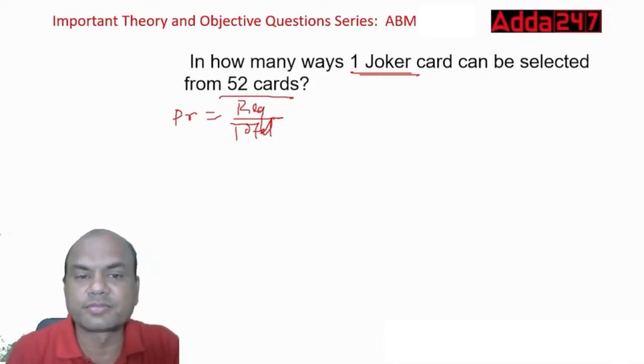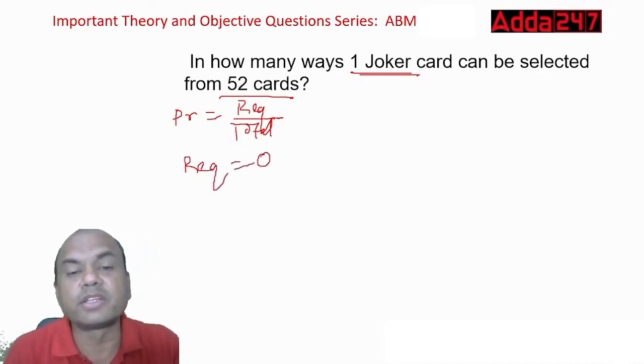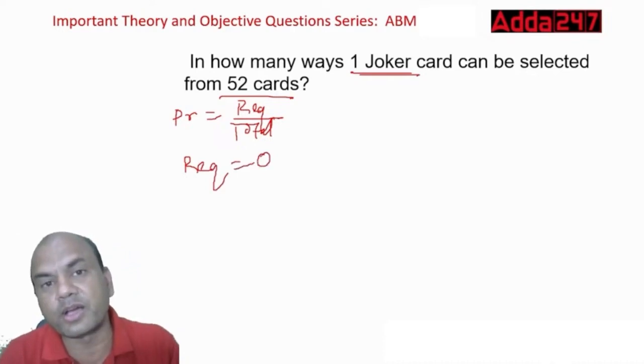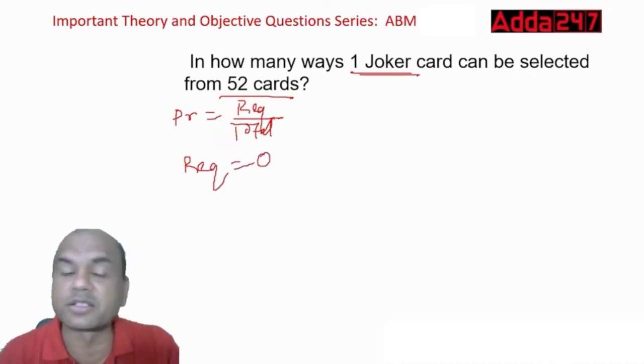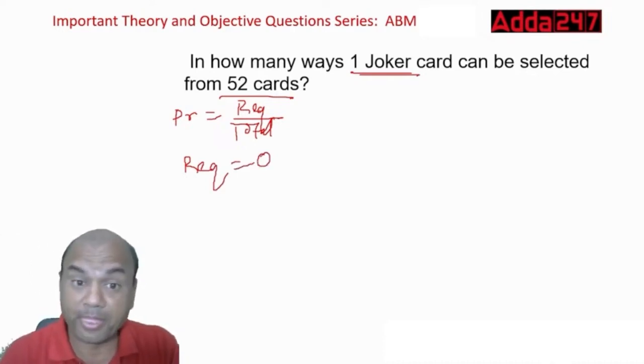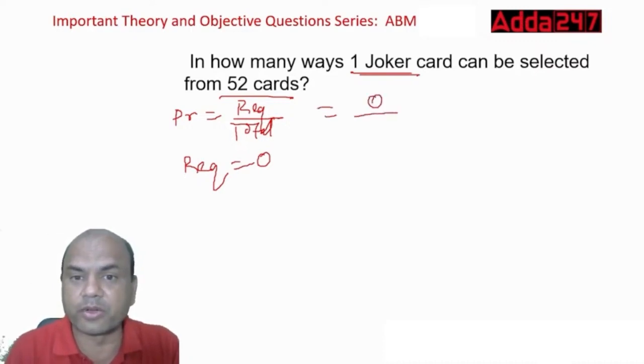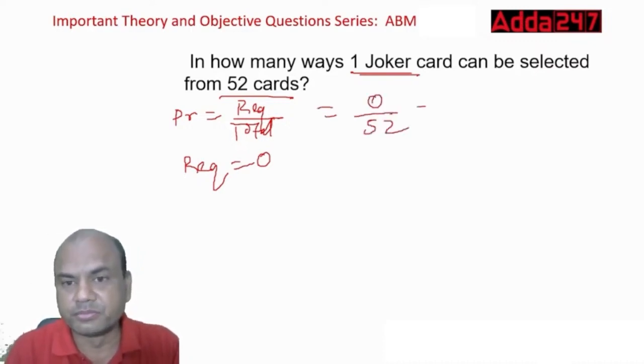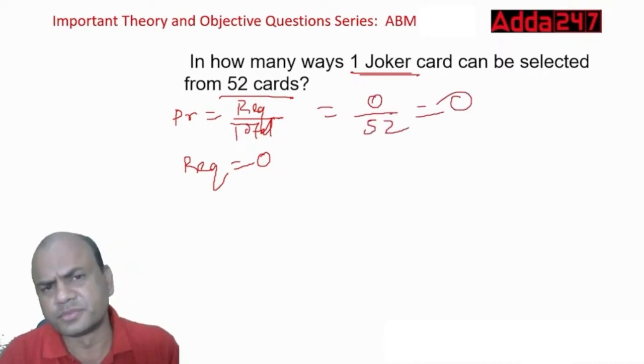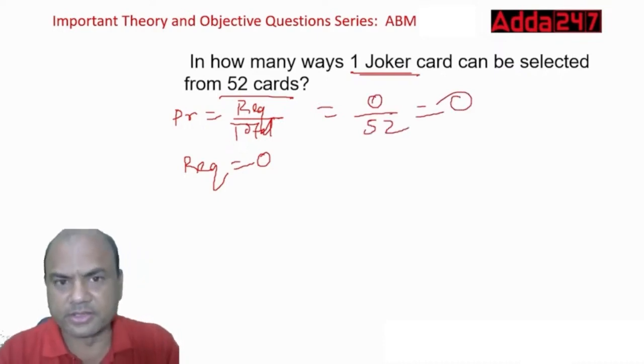There are zero jokers, because the two jokers which we have in a pack of cards are separate from these 52 cards. That's why the answer will be 0 upon 52. 0. That is the probability, isn't it?